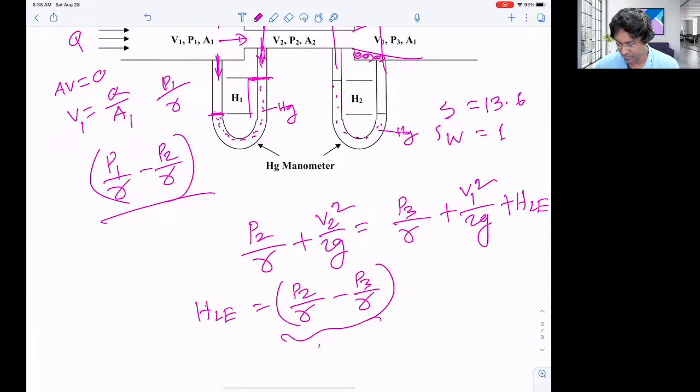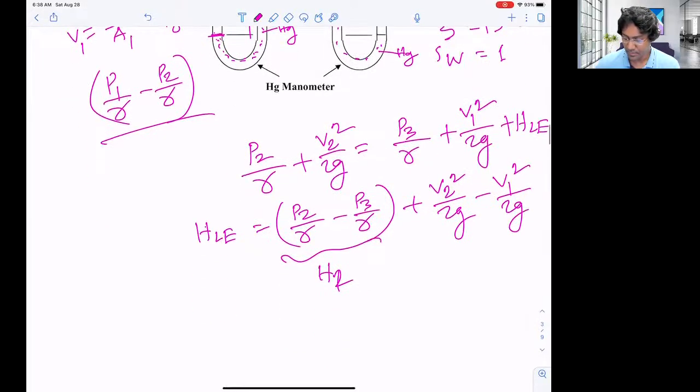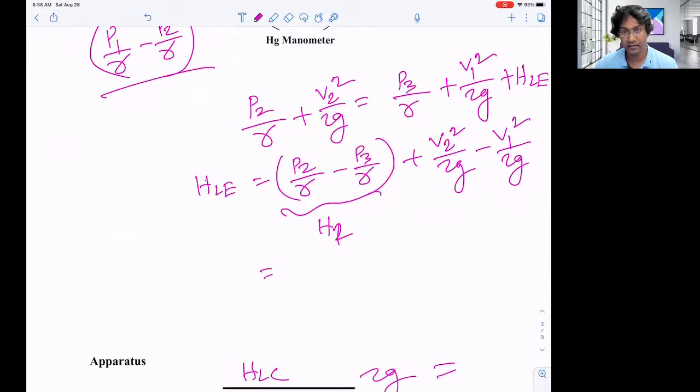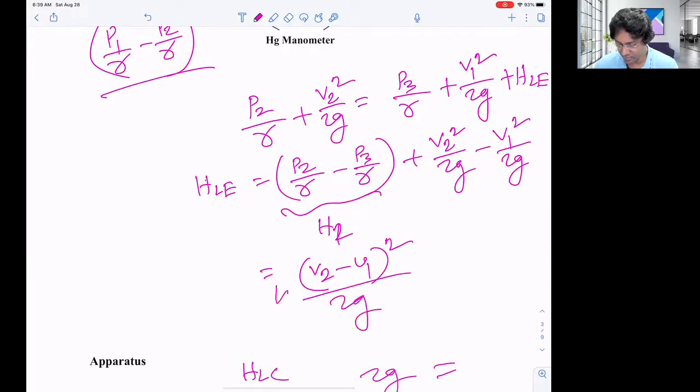So that will be H2 for our experiment for today, plus V2 squared by twice G minus V1 squared divided by twice G. But again, from experiment and research, people identified the same relationship, but this time it is V2 minus V1 squared divided by twice G, and we have K1.